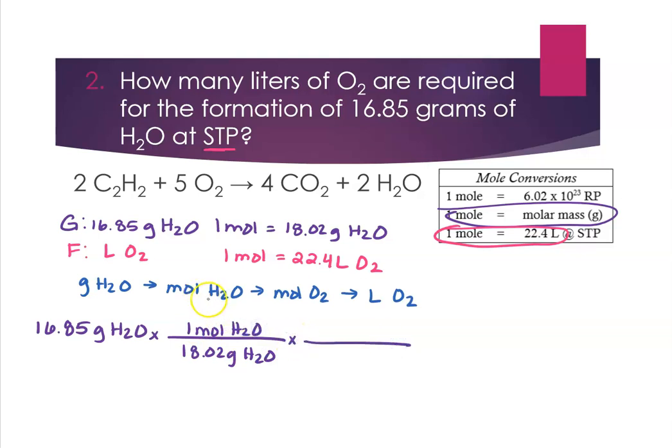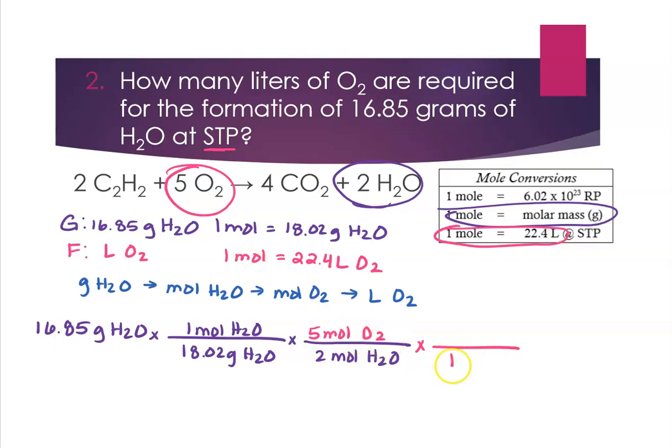So now I can do my mole ratio to go from moles H2O to moles O2. So my problem says I have 2 moles of H2O, and I'm converting into moles of O2. So my reaction says I have 5 moles of O2. All right, and then lastly, I go from moles of O2 to liters of O2, which means that I need my 22.4 liter conversion.